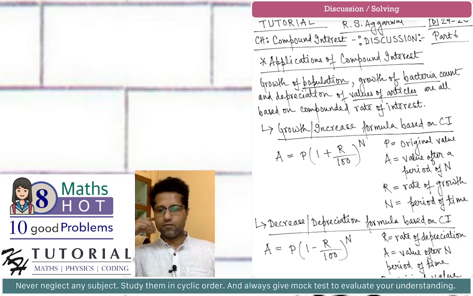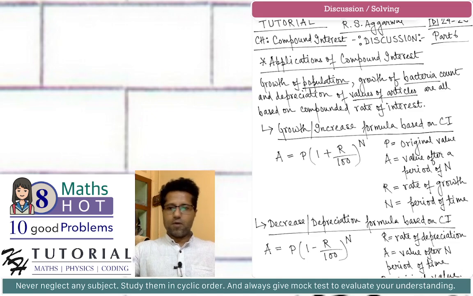Now this rate of growth could be per annum for population or cost of articles, and it could be per hour for the growth of bacteria. So this rate will depend on the real life scenario, and n is the period of time.